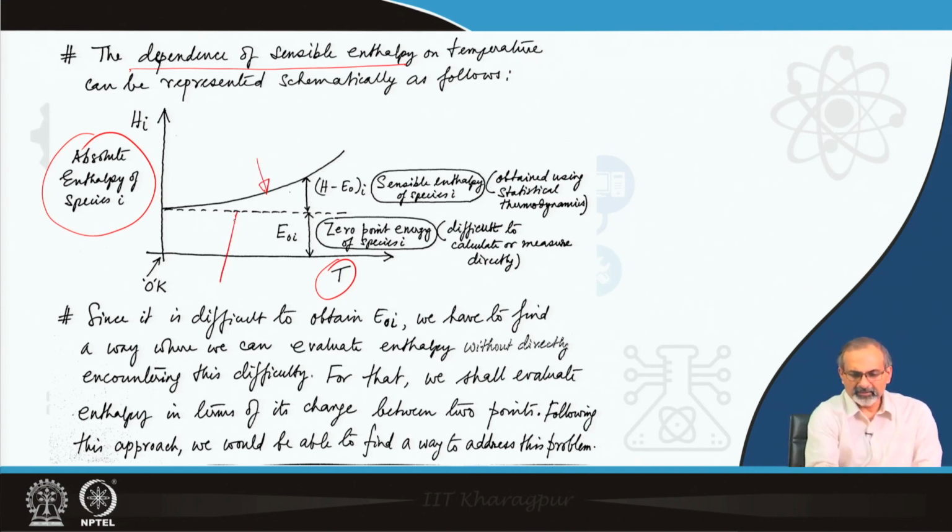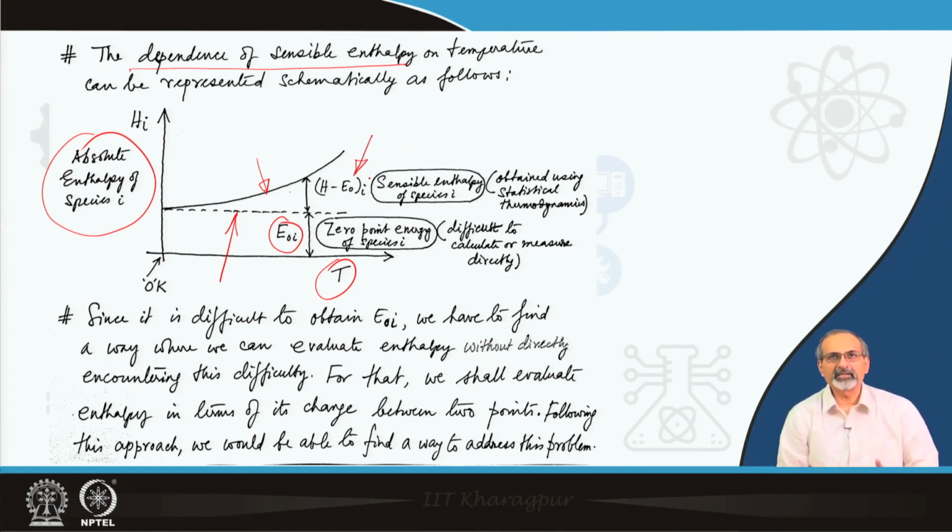The dotted line shows the 0 point energy of this particular species I, which is showing the level E naught I. And if you subtract the E naught I from the H, which is the absolute enthalpy or H I, then you end up getting the sensible enthalpy of the species, which is nothing but the portion which is above the dotted line or the E naught I level.